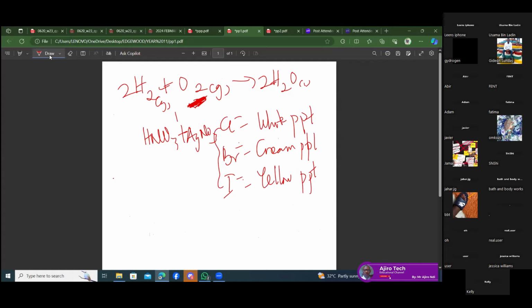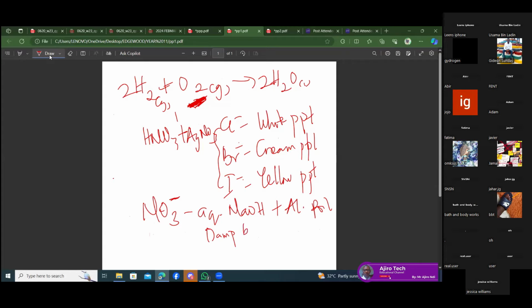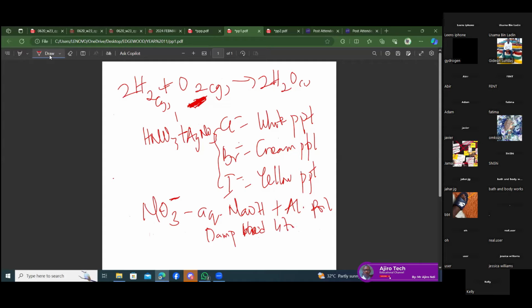For the nitrate ion, if you want to test for nitrate ions, you're adding aqueous sodium hydroxide with aluminum foil, all right? And then you use a damp red litmus paper, because you're going to form ammonia.